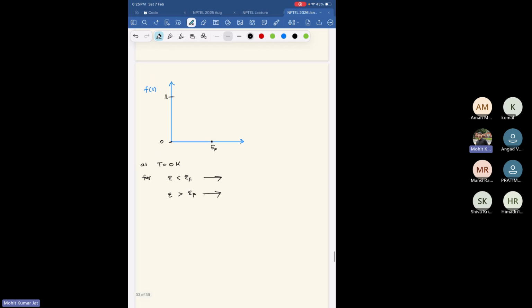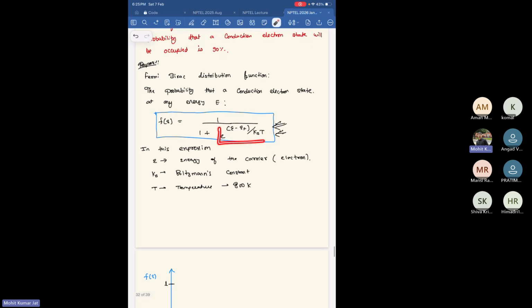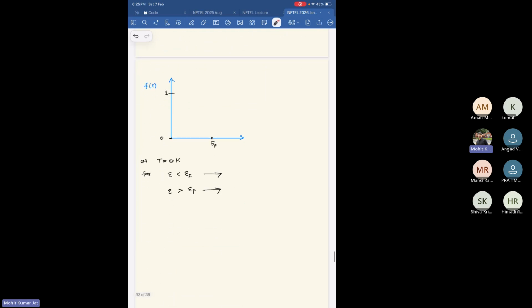If E is less than EF, in this expression the exponent is negative divided by kBT, and e to the power minus infinity is nothing but 0, so 1 over 1 is 1. So your F(E) is 1 until you reach EF.